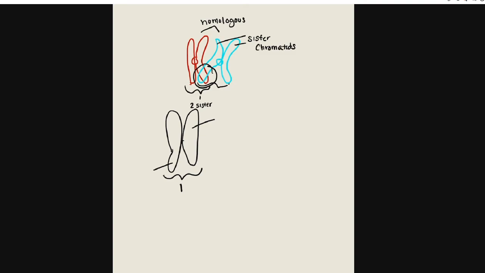So if we only had one, this would be a chromatid. Sorry I keep clearing the page. I hate when things get muddy. Okay, so this one is a chromatid.